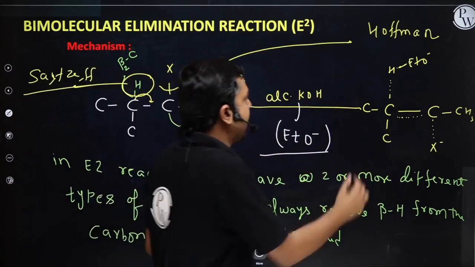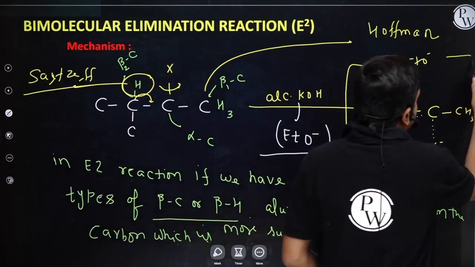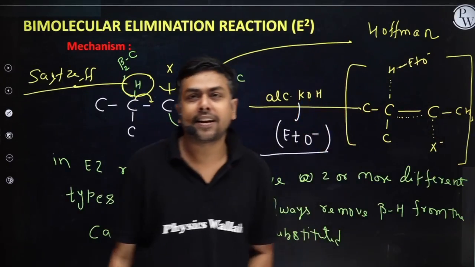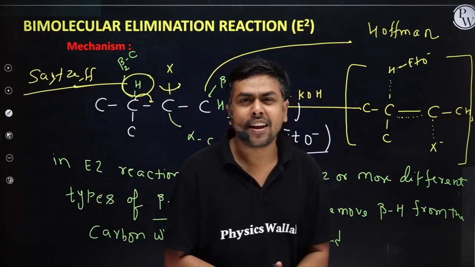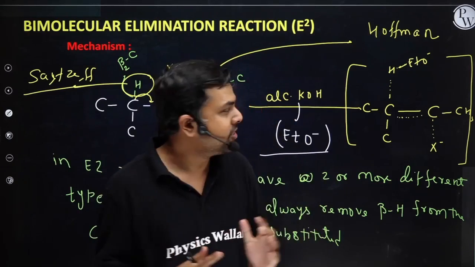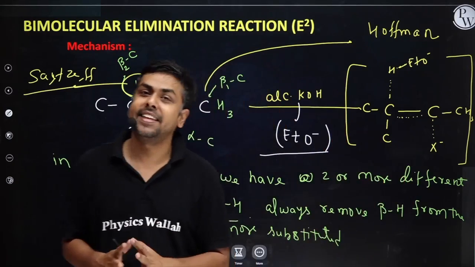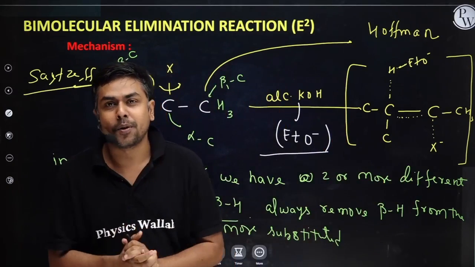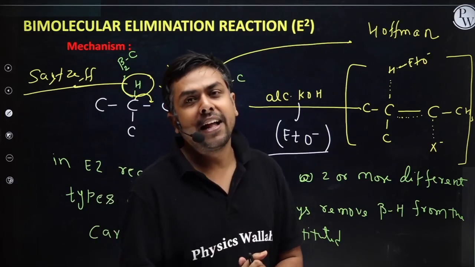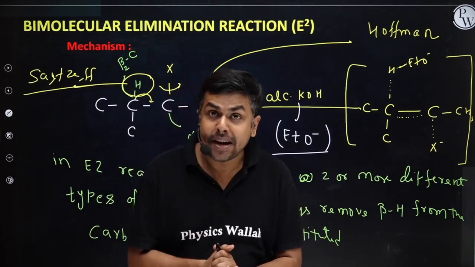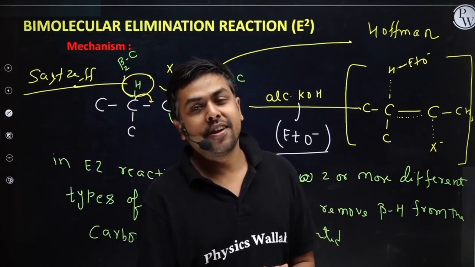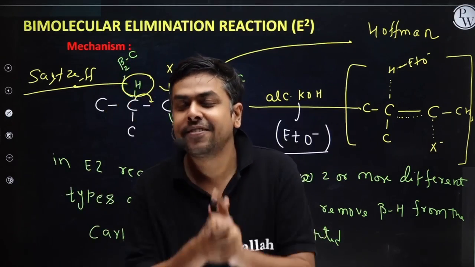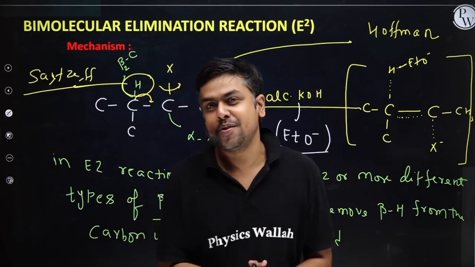So this is the TS, and now this TS is basically having a character like alkene. If I look at this particular transition state, the structure looks similar to that of alkene. And if I talk about alkene, the stability of alkene in general is dependent on alpha hydrogen. More is the number of alpha hydrogen, more is the stability of alkene. We have studied hyperconjugation.